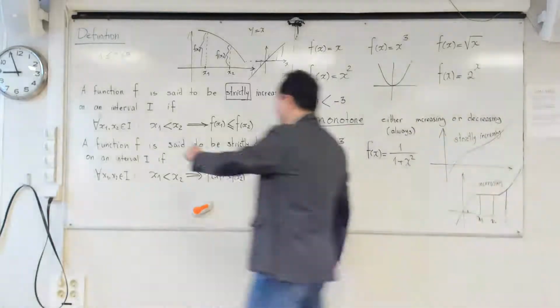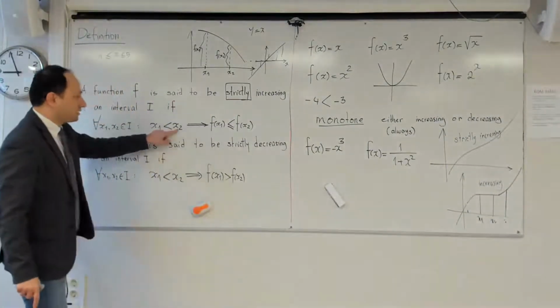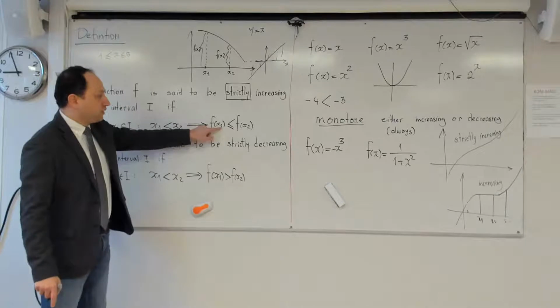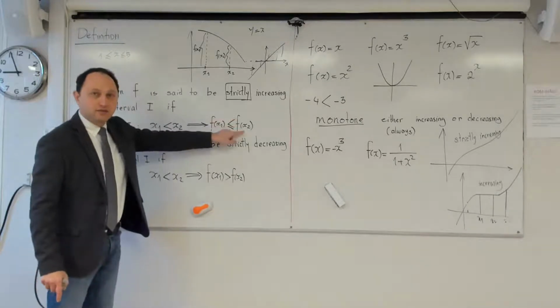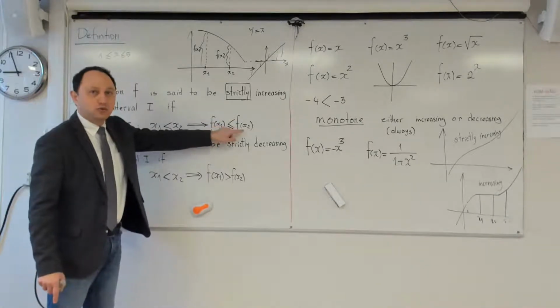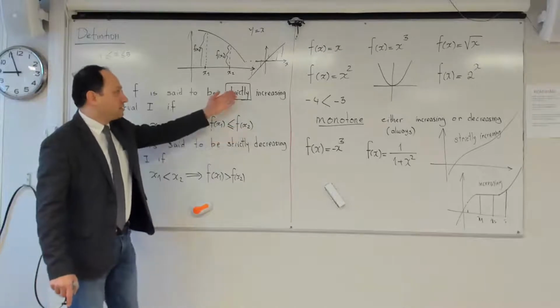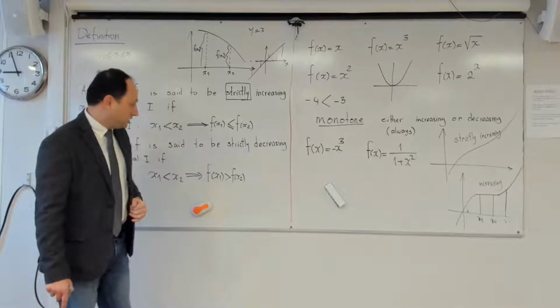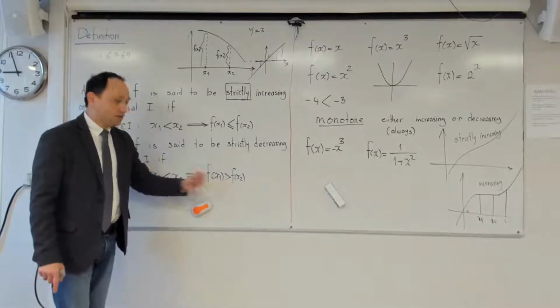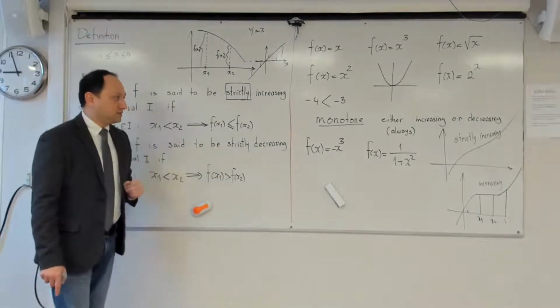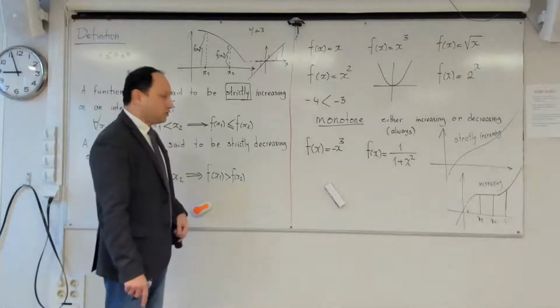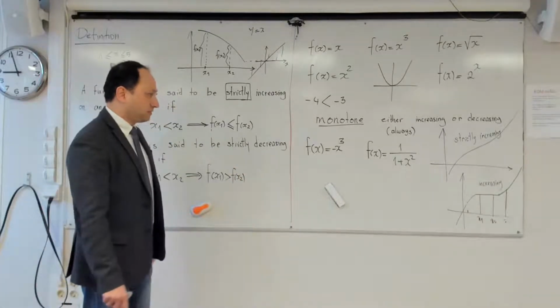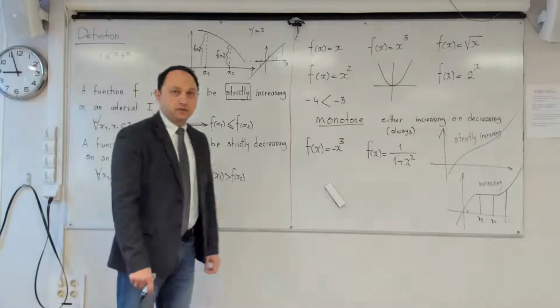So if it happens that when x1 is less than x2, f of x1 is either less than f of x2 or at most equal to it, then instead of saying it's strictly increasing, I just say that this is increasing. And the same thing here, if I put this equality here, that would be the same idea for the decreasing function. Okay, any questions so far?